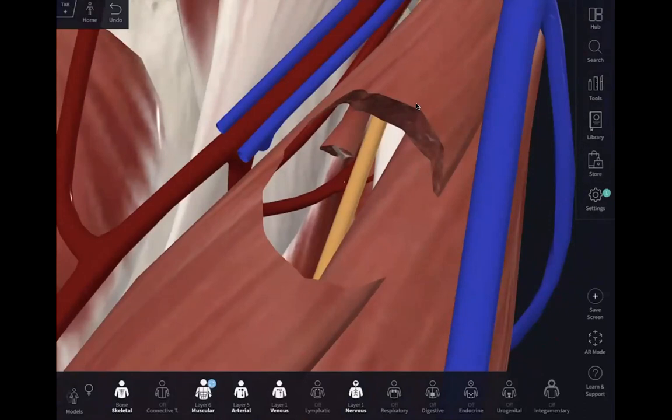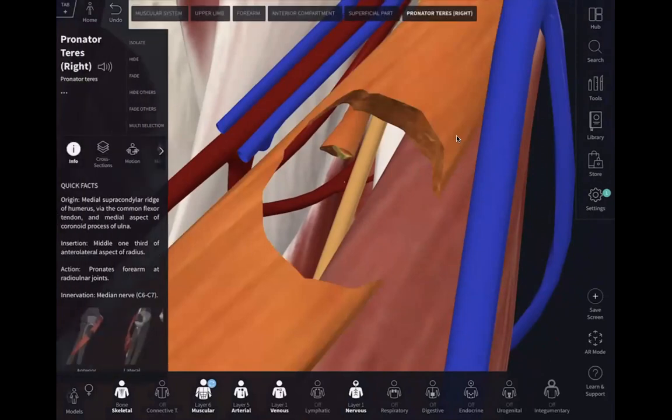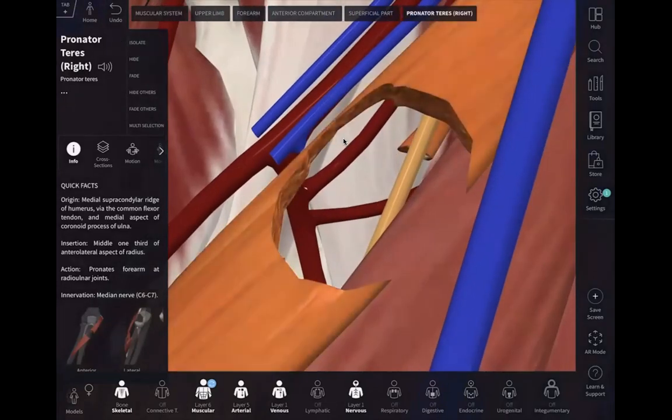Maybe you are thinking, this pronator teres, it is originating from where? Medial epicondyle, and also there is an origin from the medial aspect of the coronoid process of the ulna. This is this part, and this part is basically doing this work of separation in between.